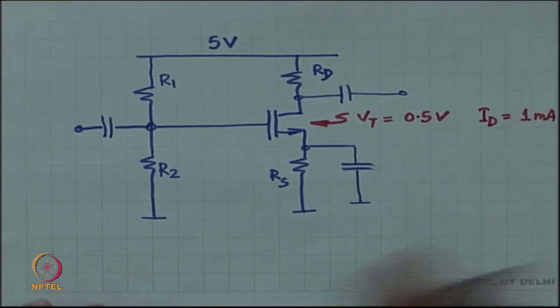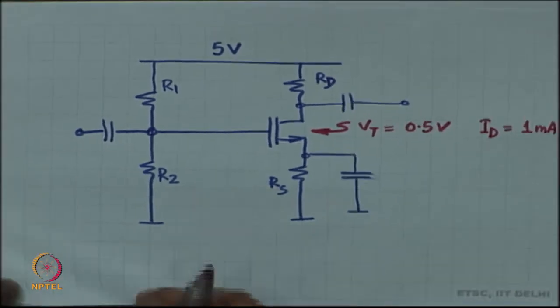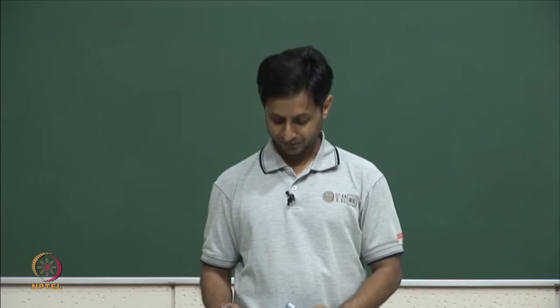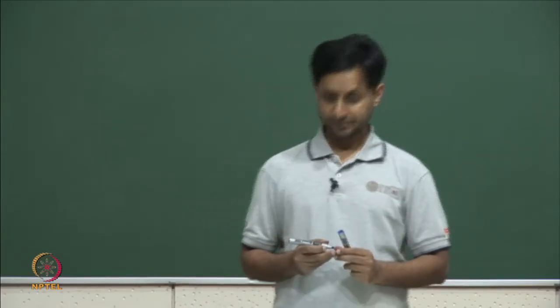This is the DC operating point current is 1 milliampere, and these are the requirements. Fine.